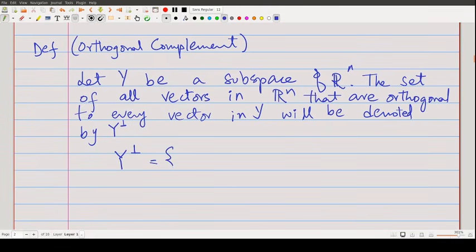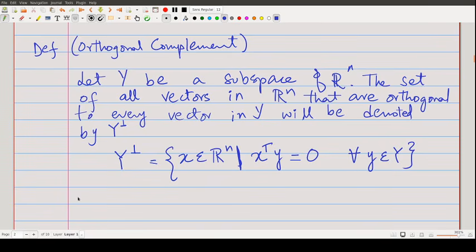It contains every vector x in Rn such that x transpose y is equal to 0 for every y in the subspace that we're looking at.